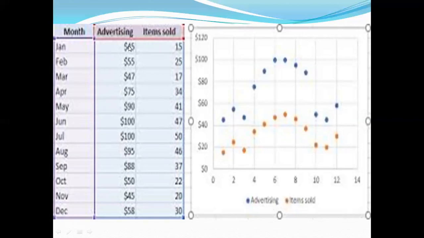Advertising is the X variable here, while Y is items sold. They have a relationship, and this is the graph plotted at the point of intersection of X and Y. We have plotted the dots. You can see it from this. I hope this is clear.